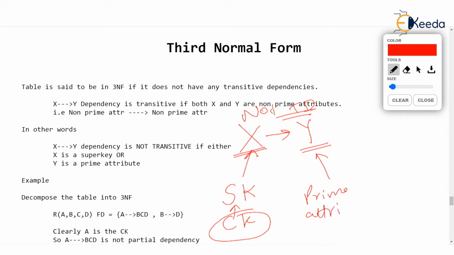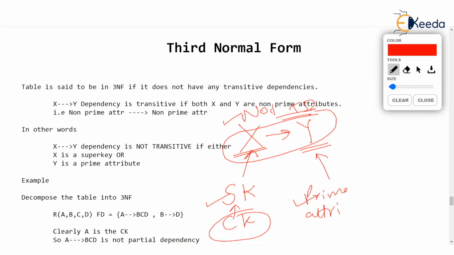Either of these two: the left hand side can be a super key or the right hand side may be a prime attribute, or both. If both are true, the left hand side is a super key and the right hand side is a prime attribute, well and good. If such a dependency is present, then it is not transitive. Now just check, when will the dependency be transitive?